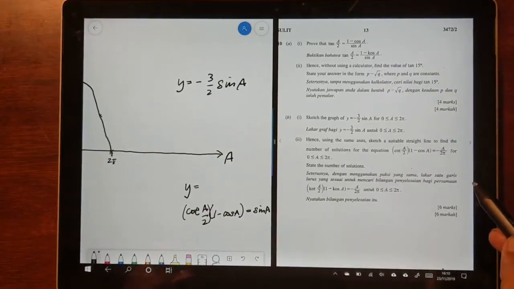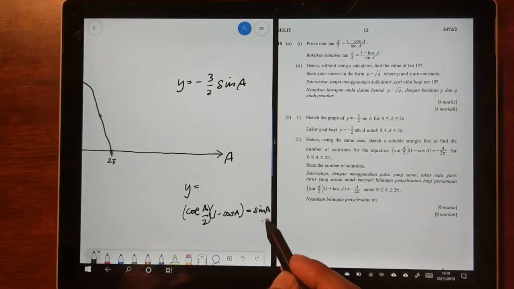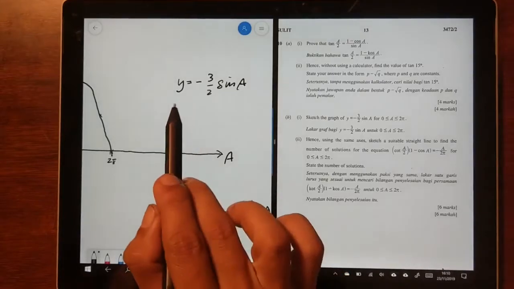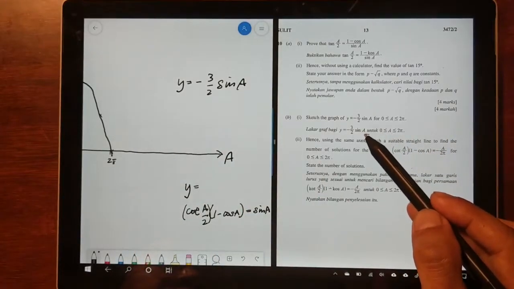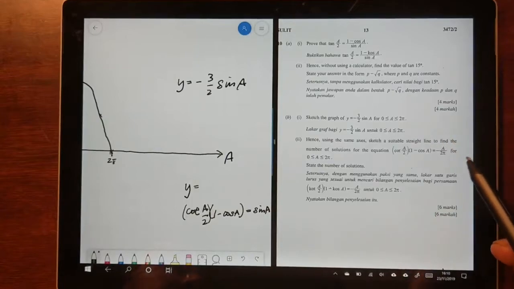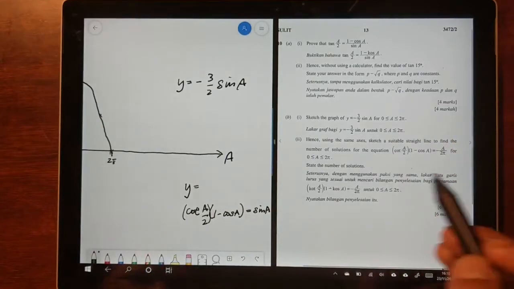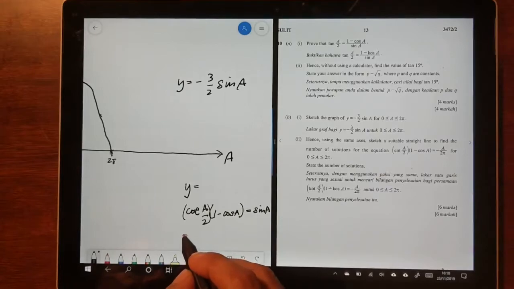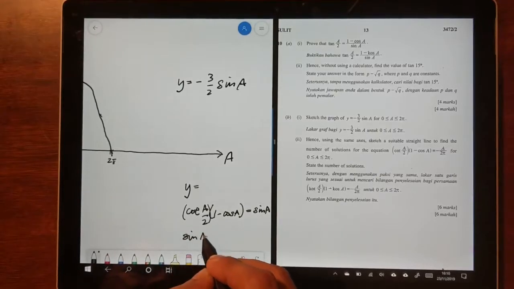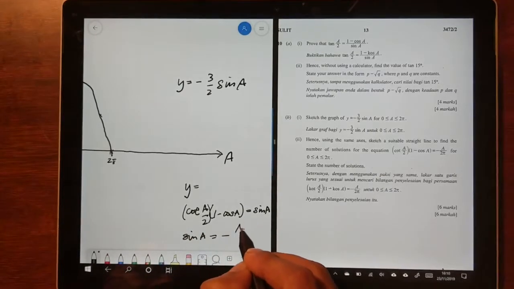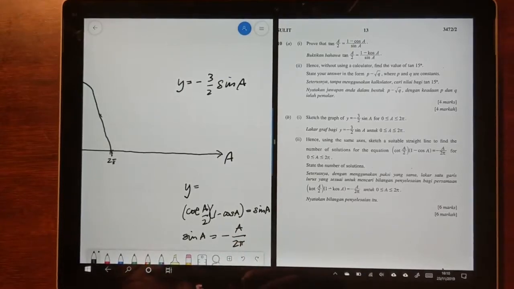So what we need to do is to find a graph. Let me see, y equals minus 3 over 2 sine A. So we need to plot a graph that equates sine A to minus A over 2 pi.